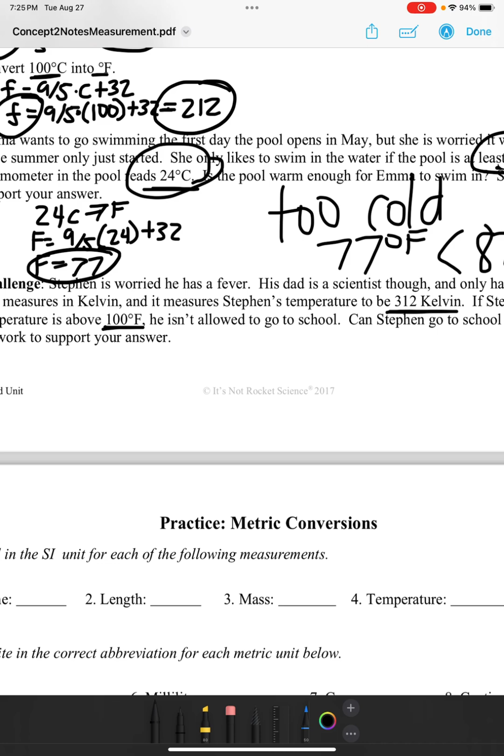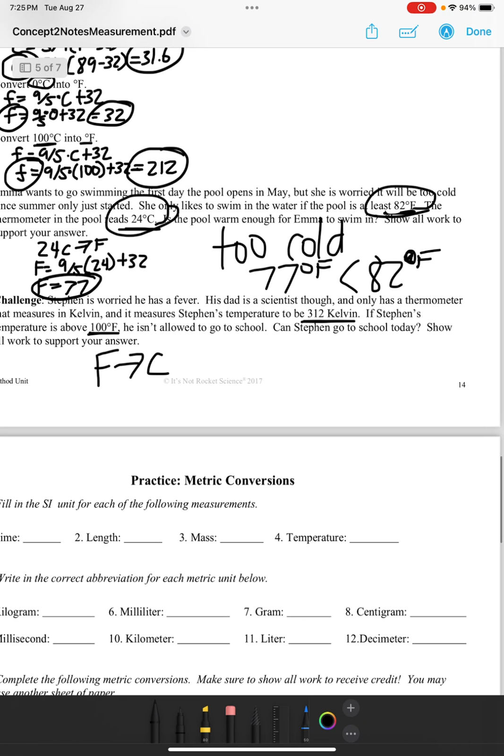You could get the 100 degrees Fahrenheit into Celsius and then into Kelvin. Or you could get the Fahrenheit into Celsius, leave it there, and then get the Kelvin into Celsius, so they're in the same units. The key is that you need these two to be in the same units.